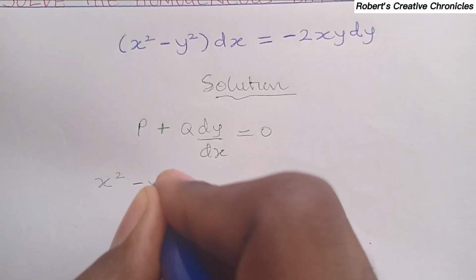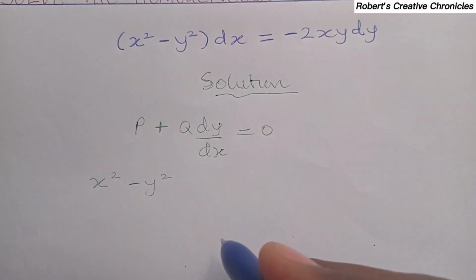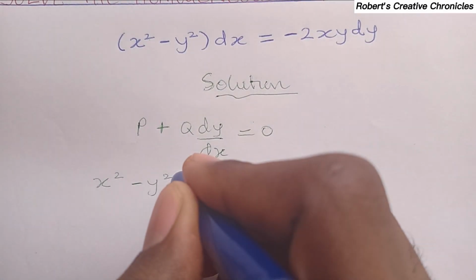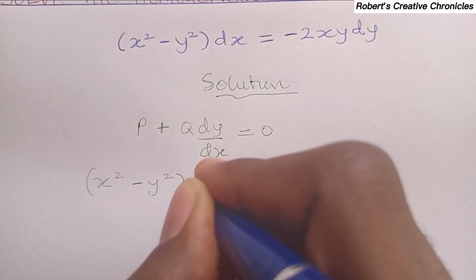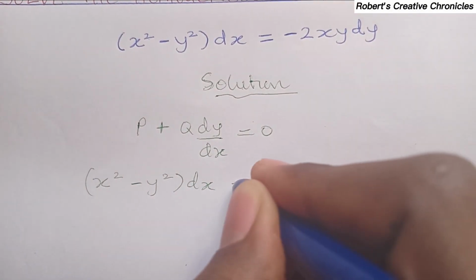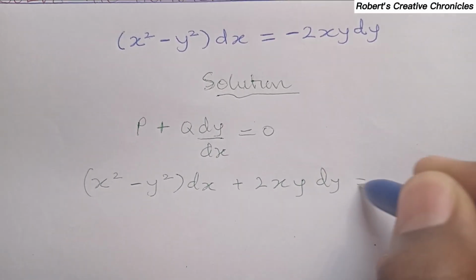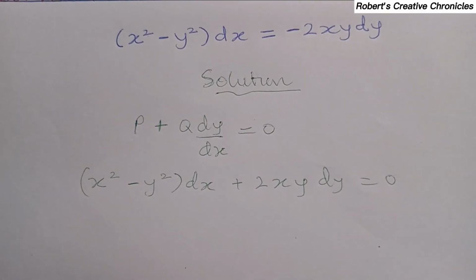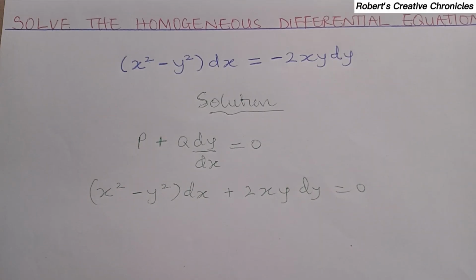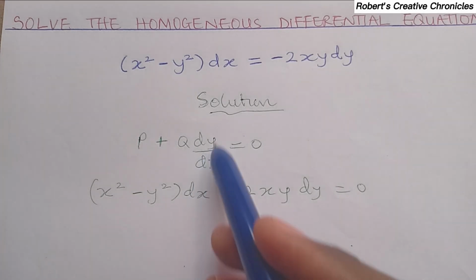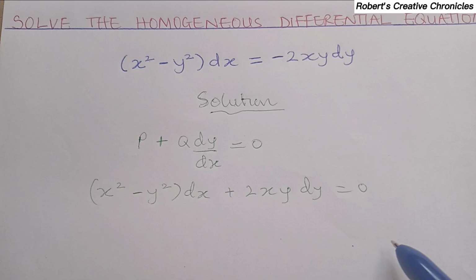(x squared minus y squared) dx plus 2xy dy is equal to 0. Then to get dy over dx, we will divide by dx.